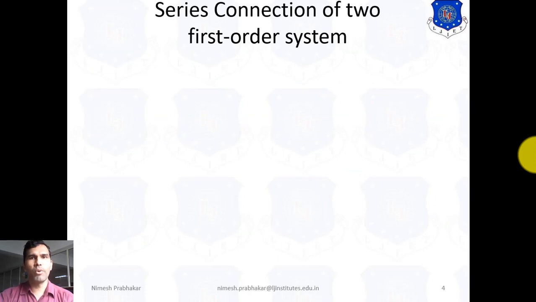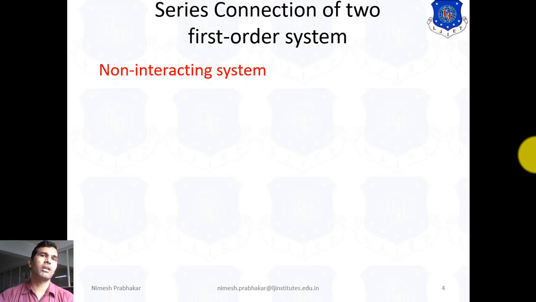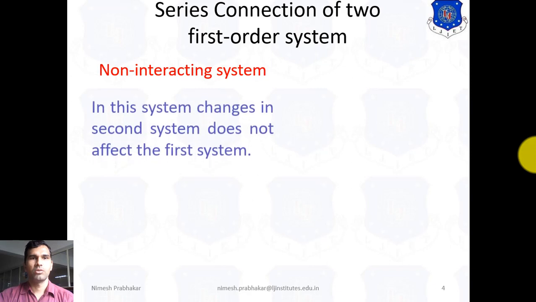There are two ways to make a series connection of first order systems. We can connect two first order systems by the non-interacting method, and we can also connect two first order systems by the interacting method. Here we first discuss the non-interacting system.